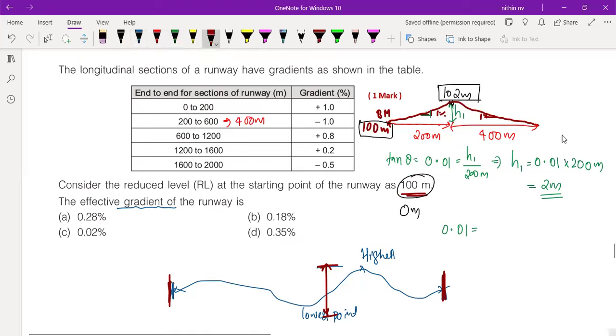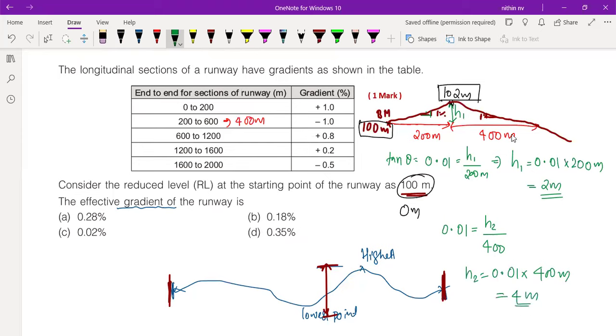I just want to know that reduction. See, I have just drawn it, I don't know where it is. Sometimes it's coming down, or it may be again going up somewhere. So 0.01 is going to be the elevation change over 400 meters. So this h2 is going to be 0.01 into 400 meter. How much are you going to get? 4 meter. What is the meaning of this?